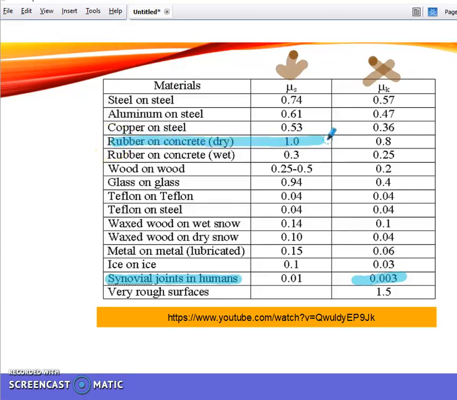Think of automobiles driving on a road. Some of the roads are a concrete surface instead of an asphalt surface. Now, very rough surfaces, as they say down here, occasionally can have a coefficient of over 1, but that's kind of rare.